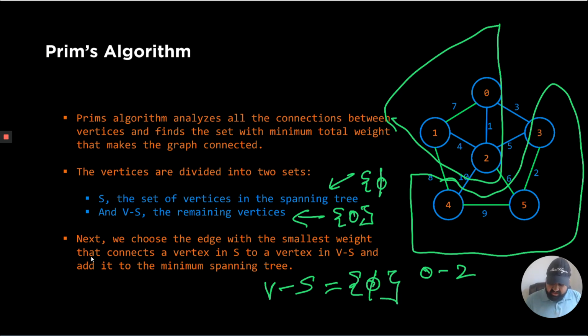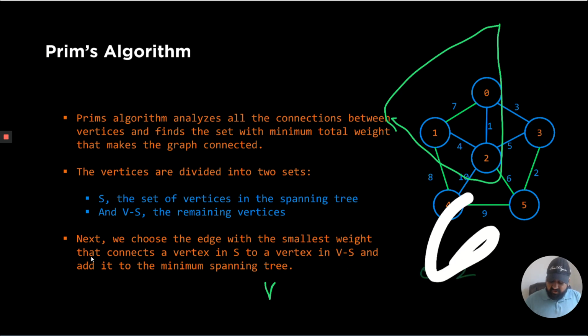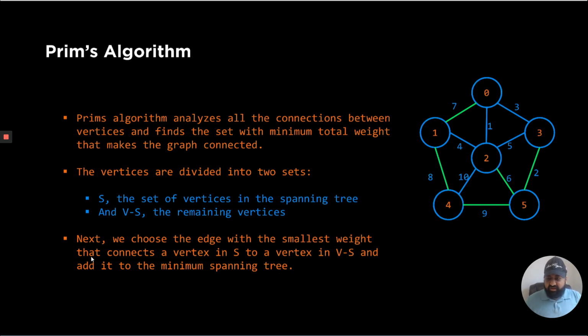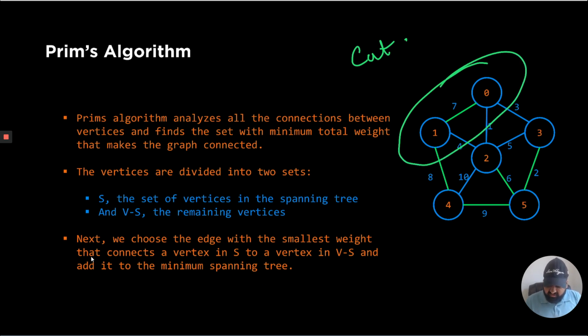Now, why we are doing this is because all these different graph algorithms that compute MST are based on a property called the cut property in mathematics. So what is a cut? A cut is basically an arbitrary division into two different sets. If you choose some vertices that are present in your graph, you can cut the graph into two different components such that one set is on one side and another set is on the other side.